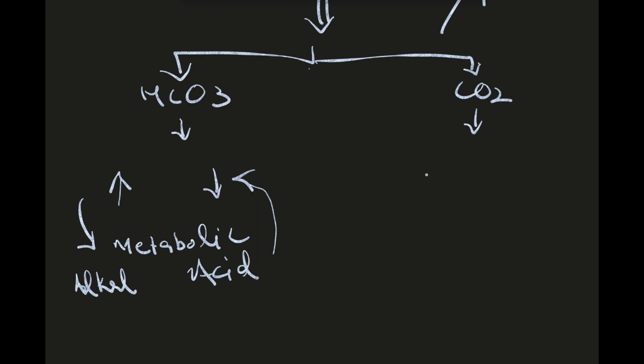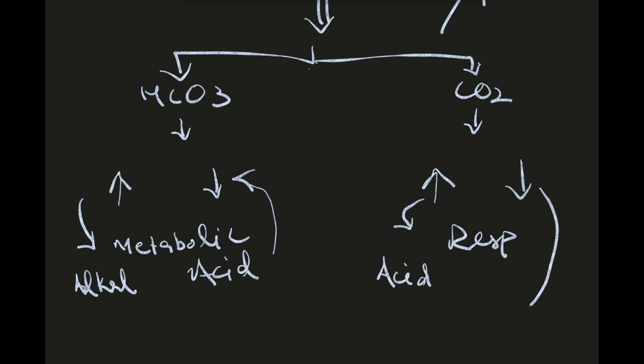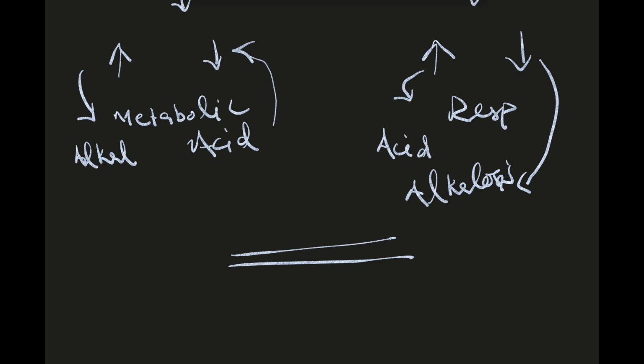And as far as CO2 goes, depending upon its increase, it becomes respiratory acidosis, and its decrease becomes respiratory alkalosis. So that was all about the ABGs. I hope this will clear all your concepts about the ABGs and how to read them.